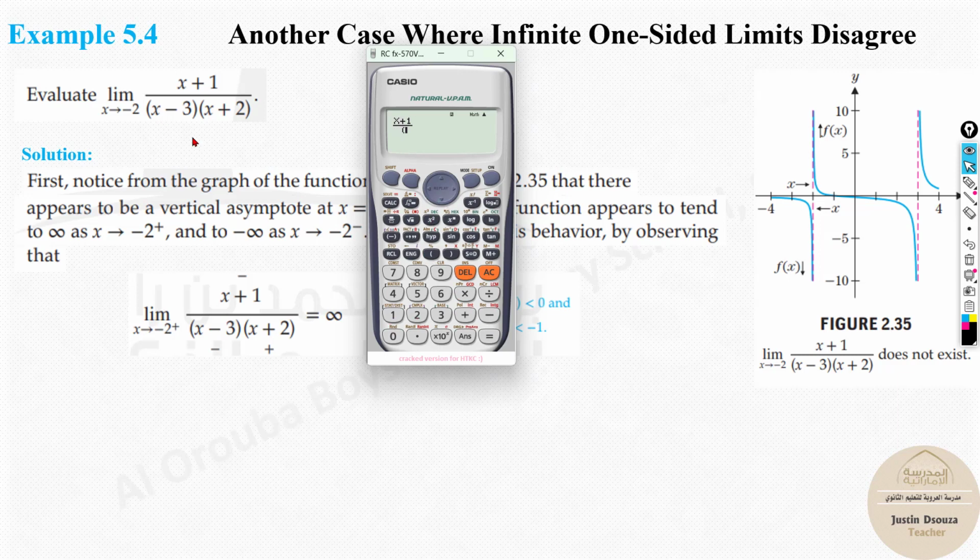Plus 1 divided by x minus 3, close the bracket, and then over here it will be x plus 2. Okay, now calculate x at what? It's negative 2, isn't it? The value, the limit. So you should take negative 2.01 and negative 1.99, because these are the values which are very, very close to negative 2. Now what?